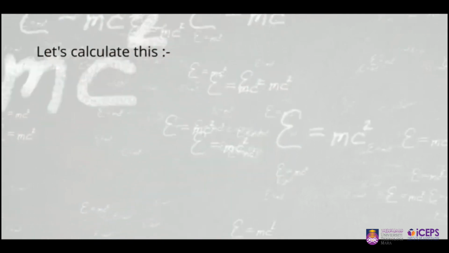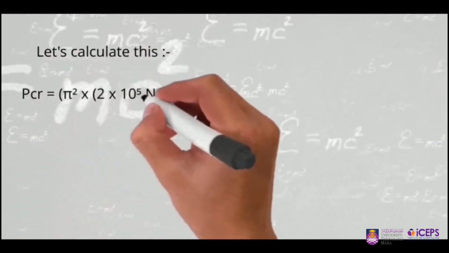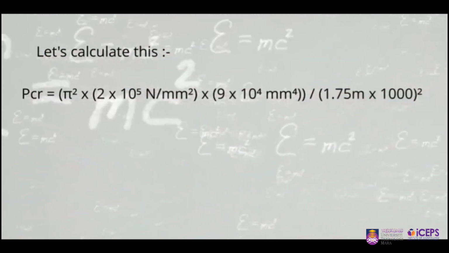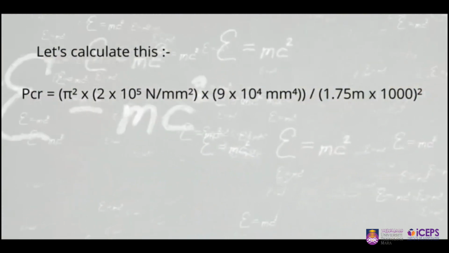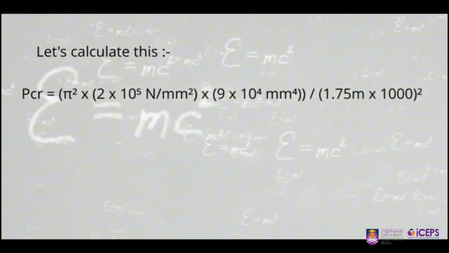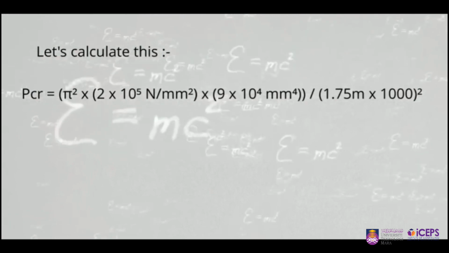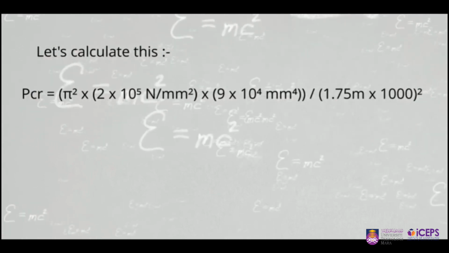Let's calculate this. Pi power of 2 times 2 times 10 power of 5 Newton per square millimeter times 9 times 10 power of 4 millimeter power of 4 divided by 1.75 meter times 1000 power of 2. We must convert the unit of length from meter to millimeter.